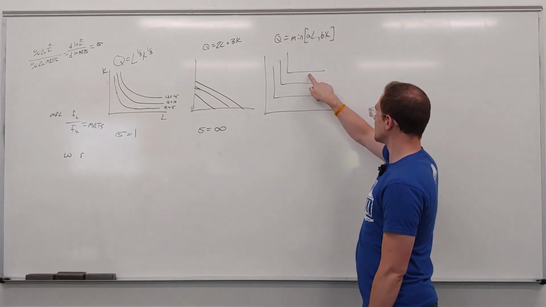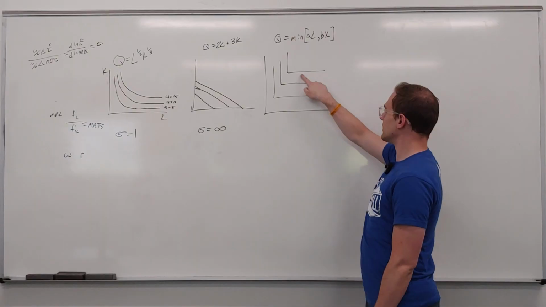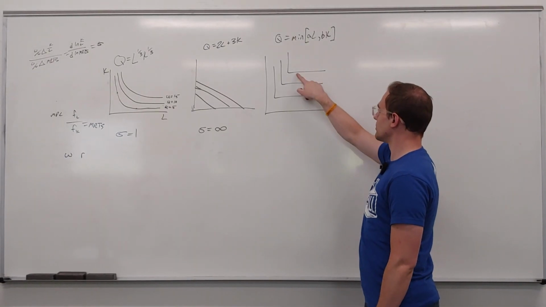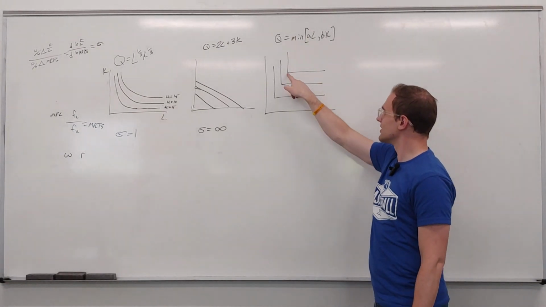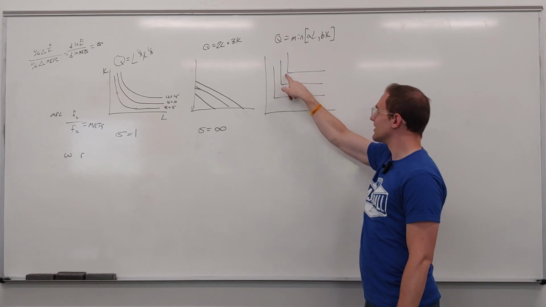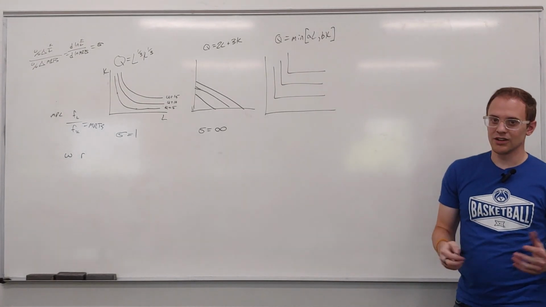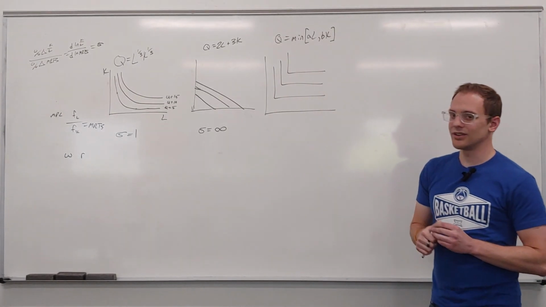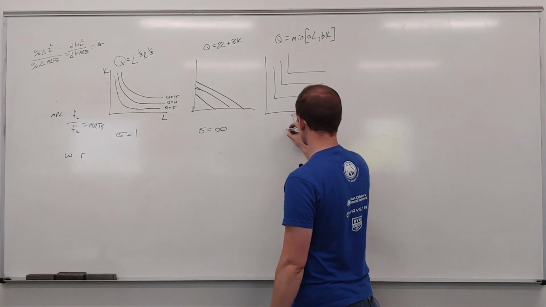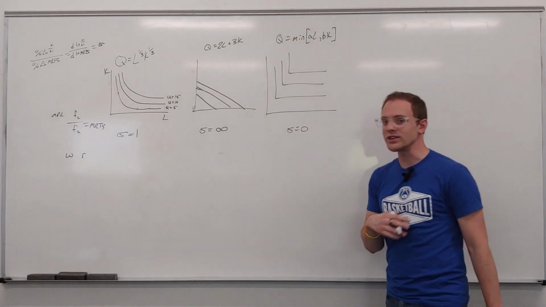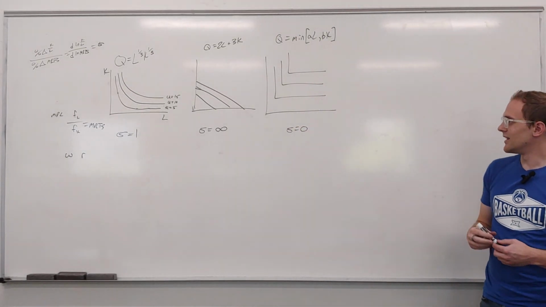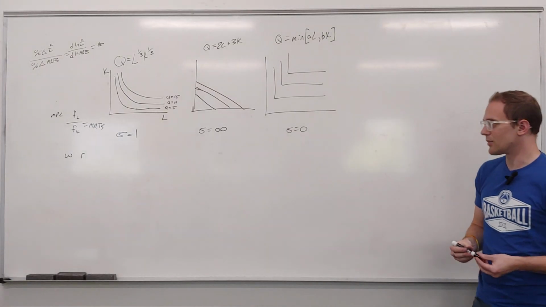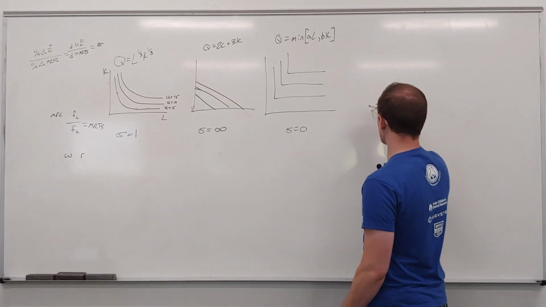If you're at this point and you move to this point, then you're changing your labor, but there's no change in your capital. But if you're at this point and you move to this point, then there's an infinite change. So the MRTS is not really defined, and actually the elasticity of substitution is going to be 0. These are not substitutable whatsoever. You cannot make any comparison changing labor for capital. You have to have them in fixed proportions.